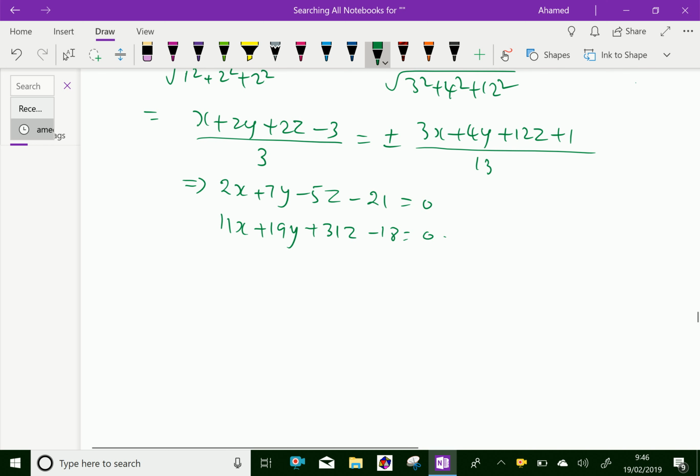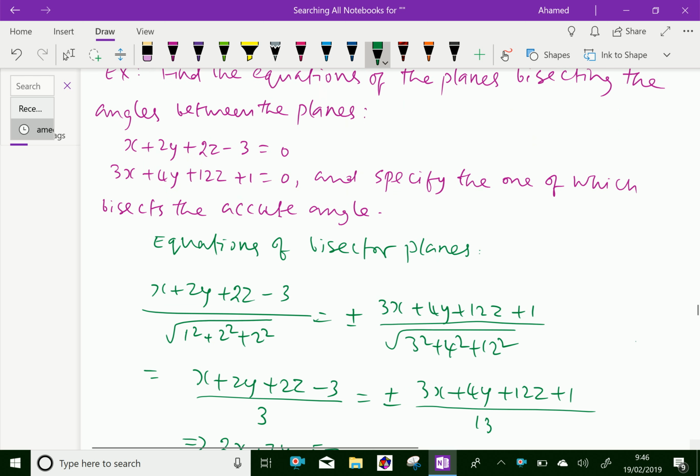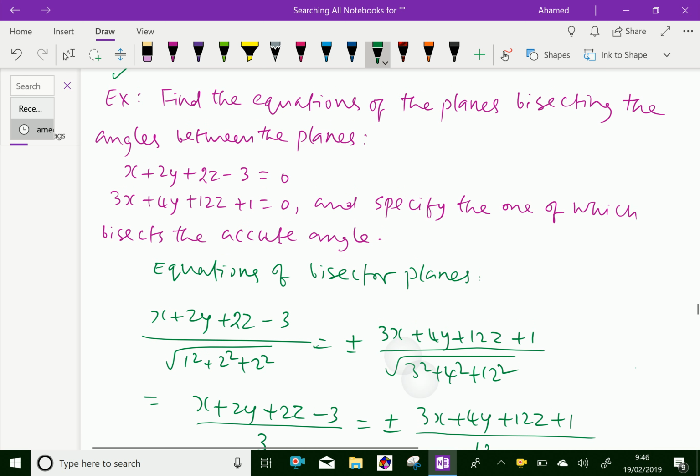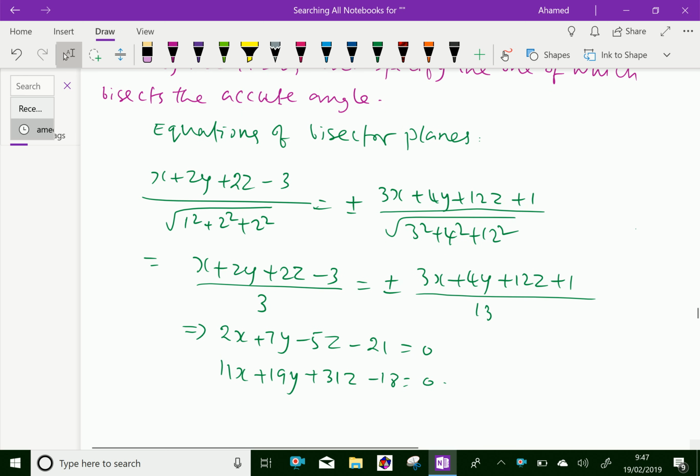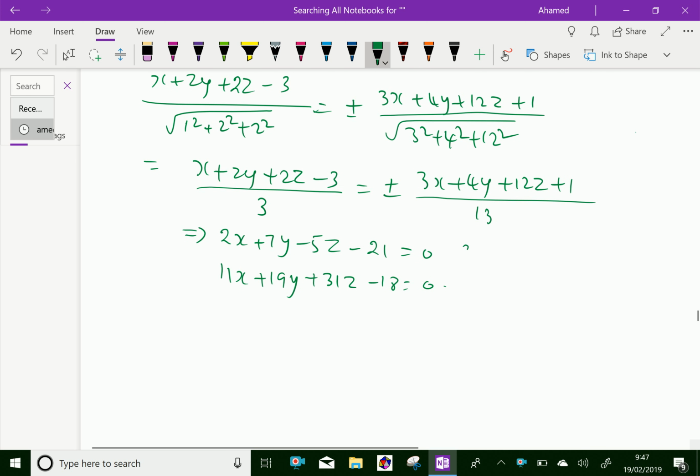Let the given equations be equation 1 and equation 2, and these two be equations 3 and 4.